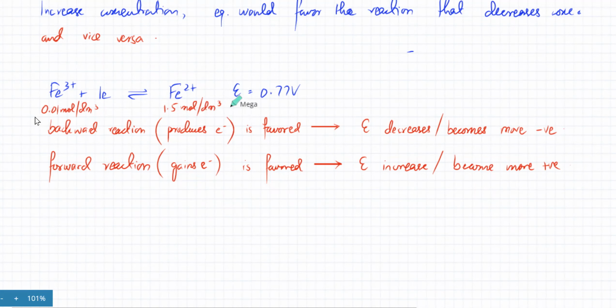Backward. So it's going to shift in the backward direction. What would happen to the potential? The E naught is 0.7. Potential will decrease. The new potential, without the naught on top, I'm just going to take a hypothetical value, 0.56 volts, right? Is that clear?